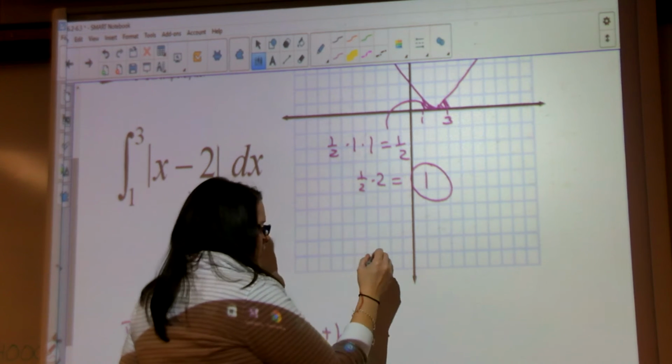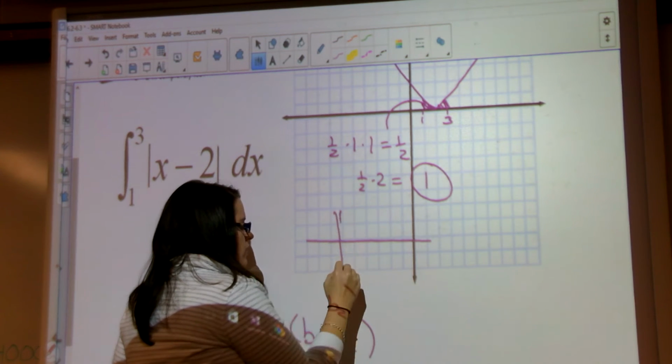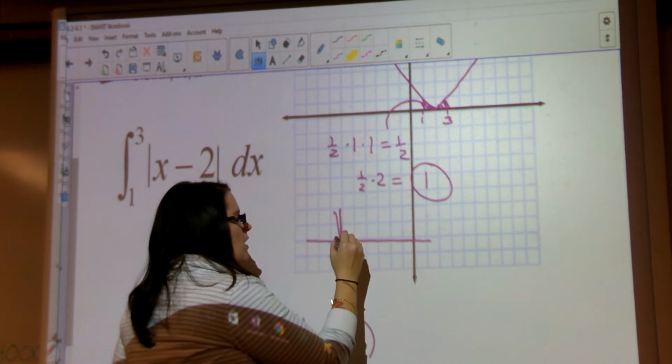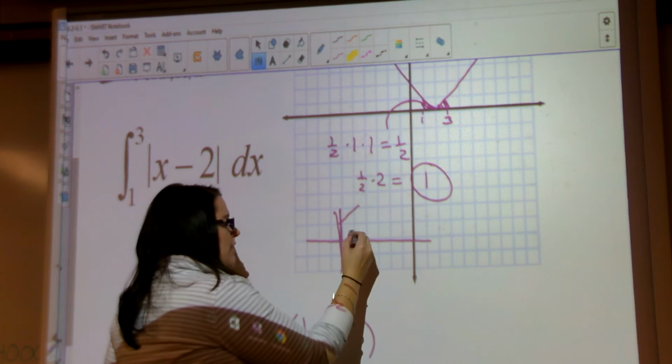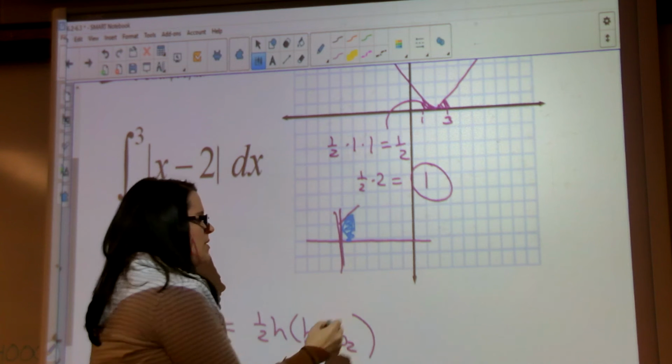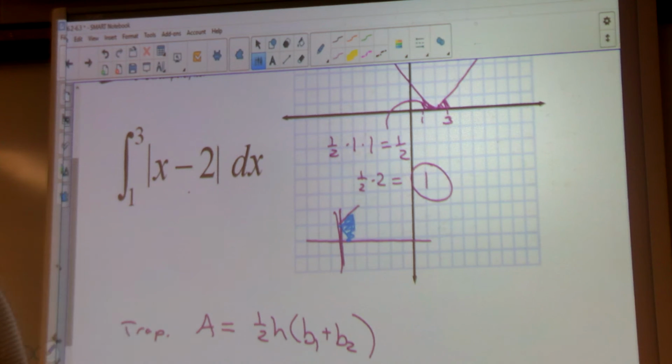For instance, let's say I had a graph that goes through that line there, and I needed to find the area of this chunk. So many people split it into a triangle and a rectangle. Save yourself some time. That is a trapezoid on its side. You have to know the area of a trapezoid. Anyway, we're going to do trapezoid on this.